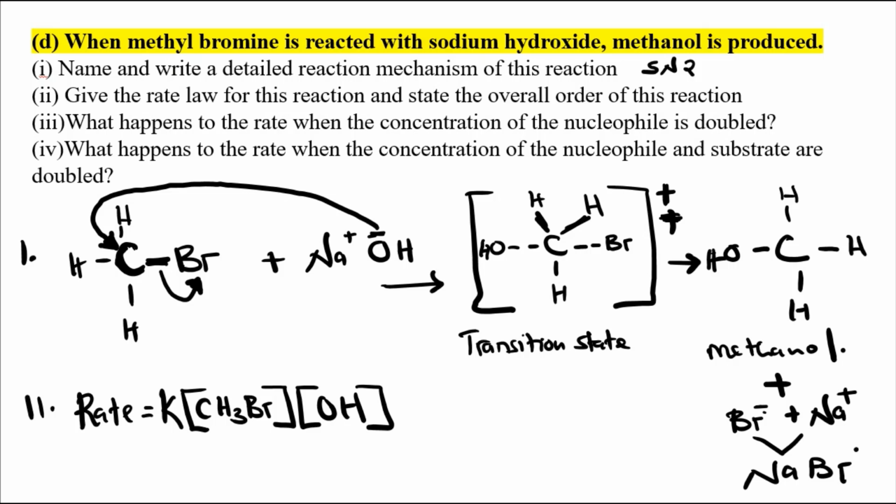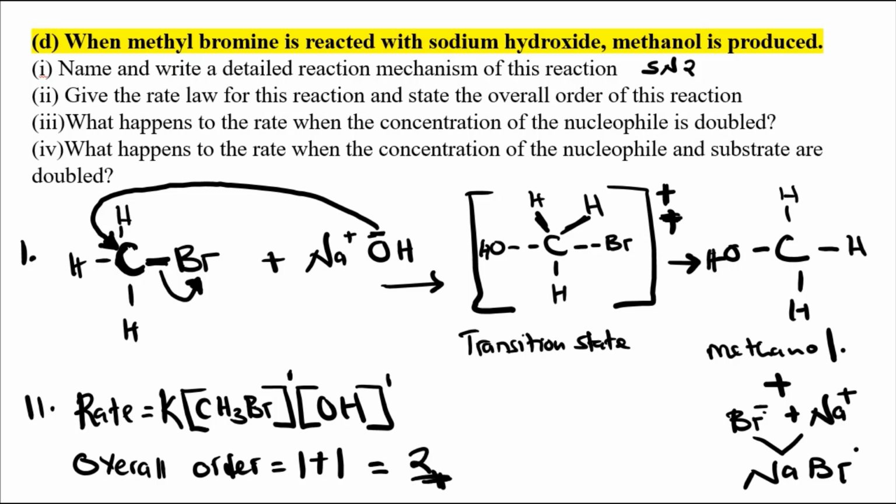So they are both involved in the writing of the rate law. So there's a subscript 1 here, there's a subscript 1 here. The overall order for this reaction is 1 plus 1, because there's a subscript 1 for the alkyl halide and a subscript 1 for the nucleophile. So the overall order here is 2.